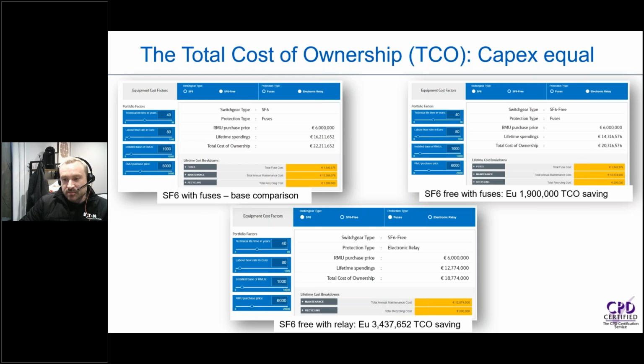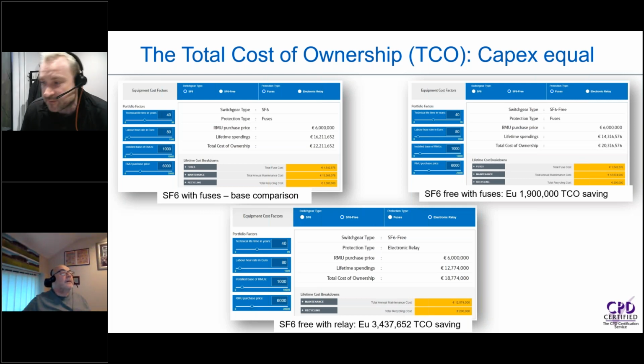This is a utility-based model here we've got. There is a model available on the website to get a bit of an understanding, but you can see there's a significant euro saving there on the total cost of ownership. I think that was based on about 1,000 units installed.